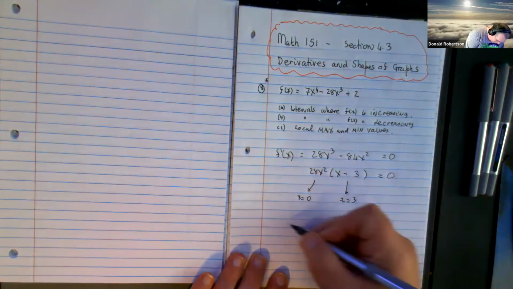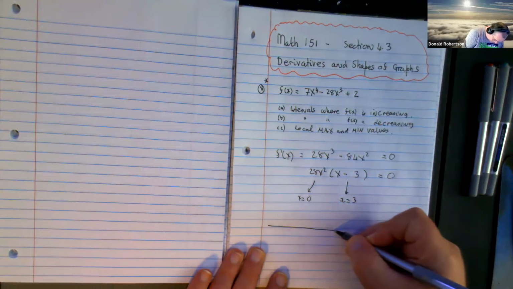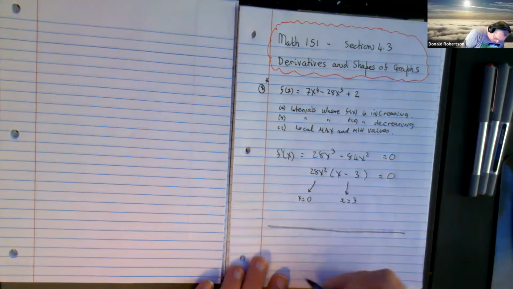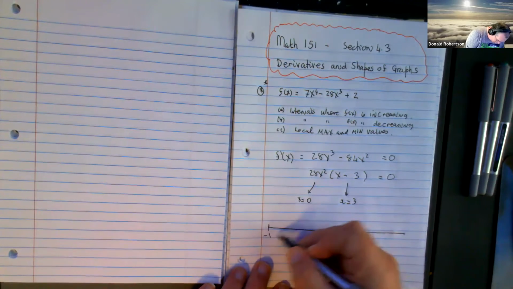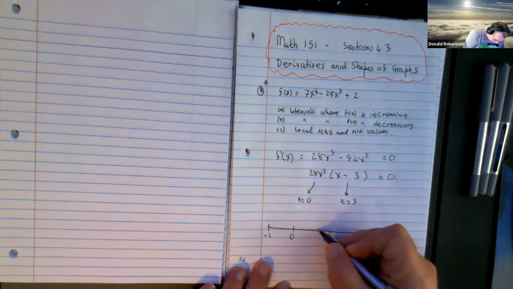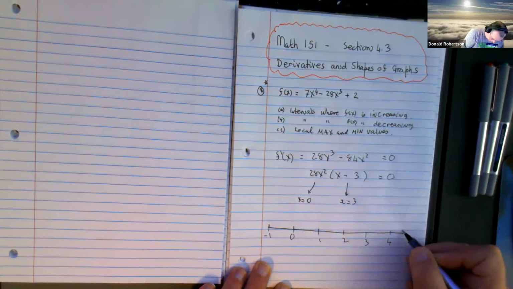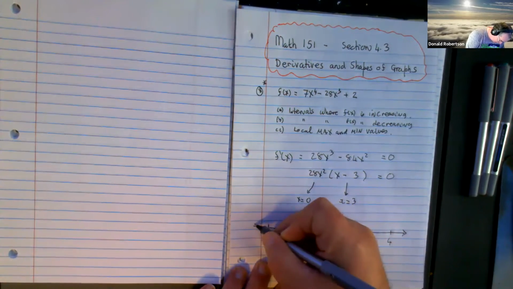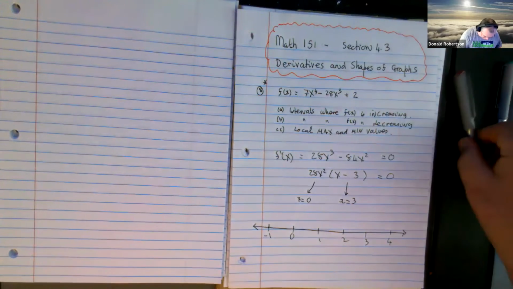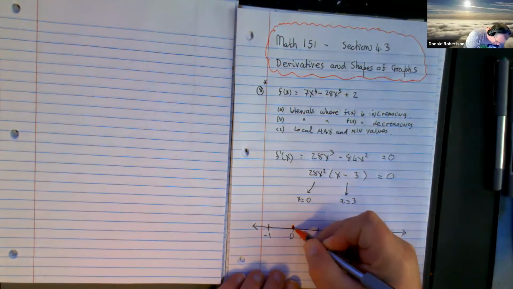And once you've got them, you draw this little number line guy, and you make sure that 0 and a little bit extra. You go 1, 2, 3, and a little bit extra. And you set up what's called a table of signs, which is more like a line of signs.